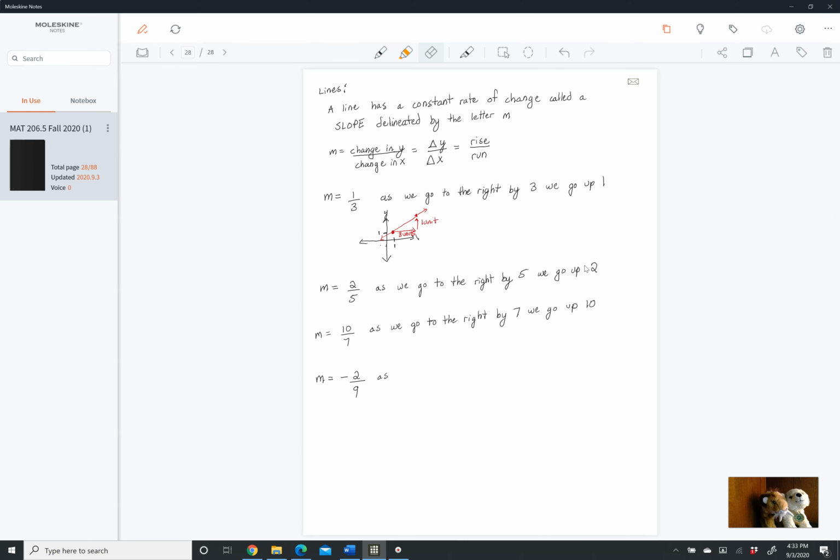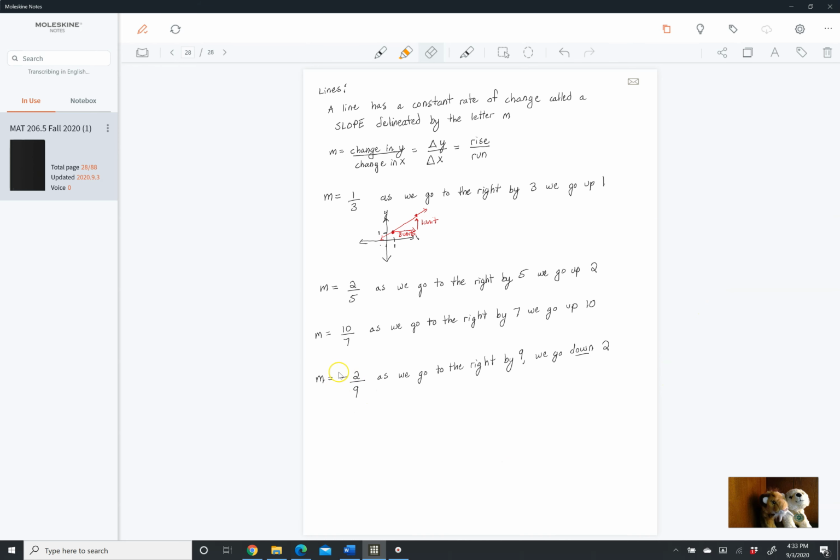It's still as we go to the right by 9. So we always read a graph left to right. But this time what we're saying is that we're going down by 2. And that down is because there's the negative sign. This negative tells us switch direction.